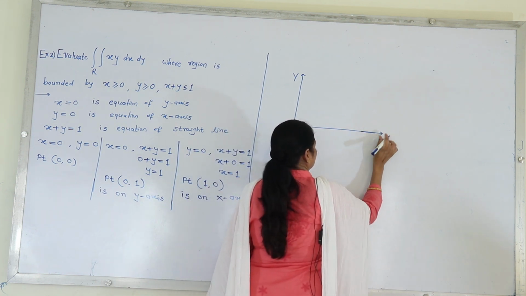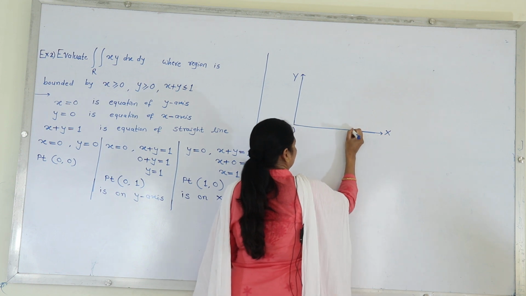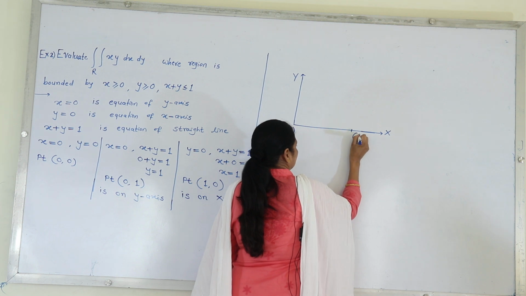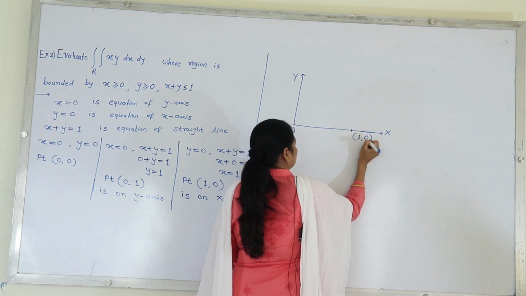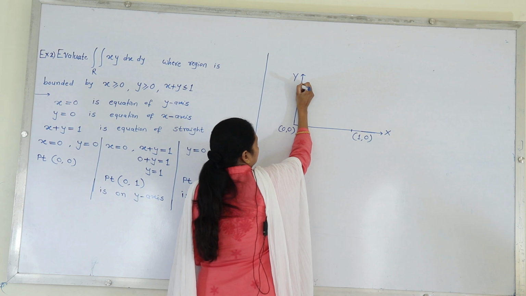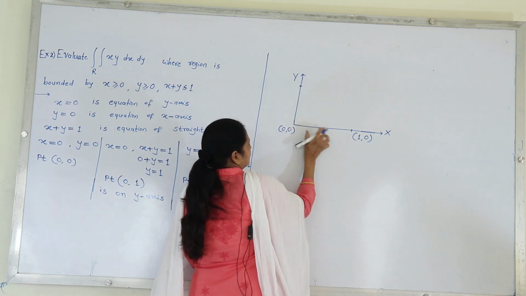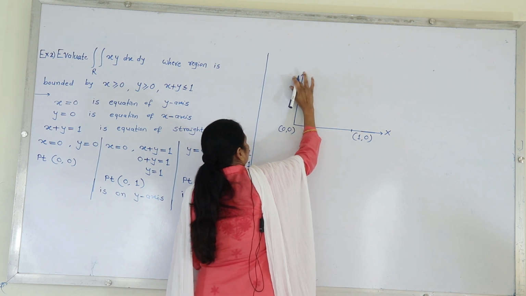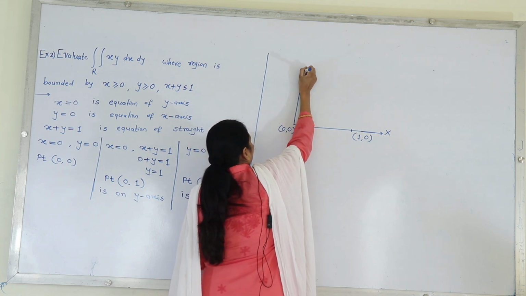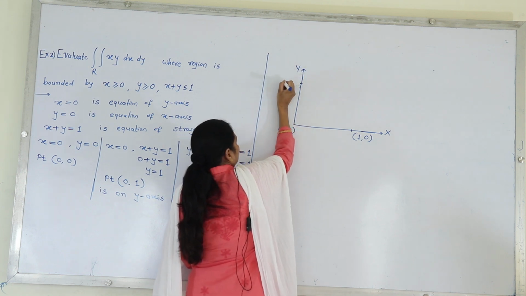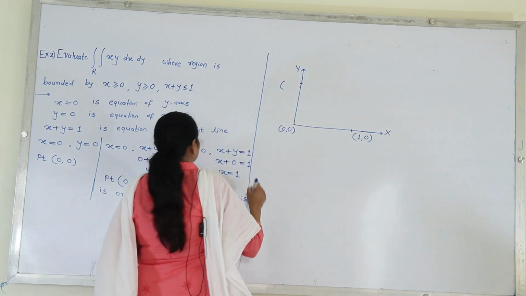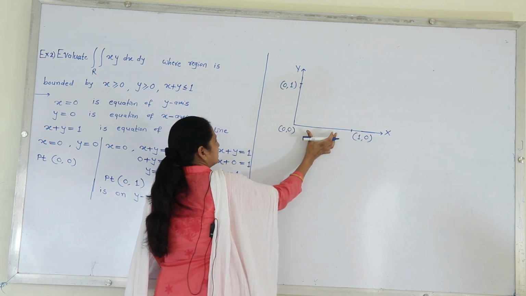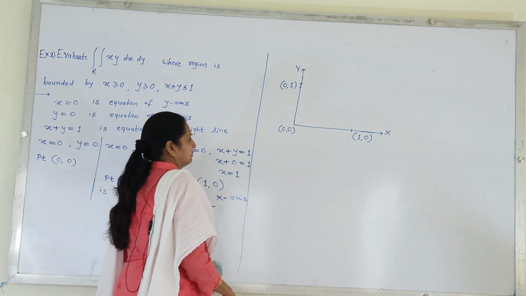Just consider 1 on the x-axis like this. X coordinate is 1, y coordinate is 0. On the y-axis, take the same distance 1 here. The coordinate on the y-axis is 0, 1. X coordinate is 0, y coordinate is 1.